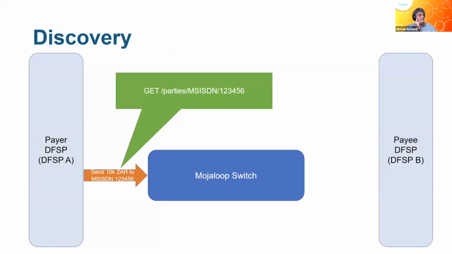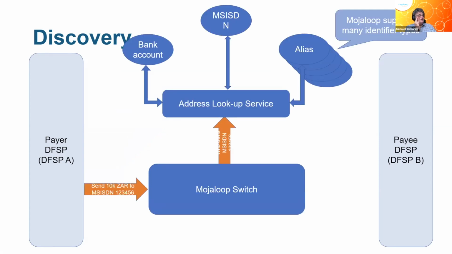Well, what you see in the green boxes are the actual API calls that will be made in a situation like this. So I want to send some funds. I go to the lookup service, which, as Miguel said, supports multiple identifier types, and each of those, if they are supported by a particular scheme, has its own oracle, as we call them, depending on the kind of thing that it is.